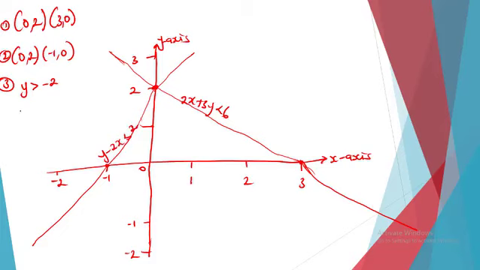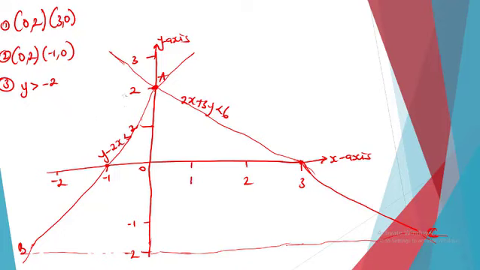Okay, then the last one is y being greater than minus 2. This is the point where minus 2 is. Okay, so we draw this and form a triangle here, and then let's call it triangle ABC.